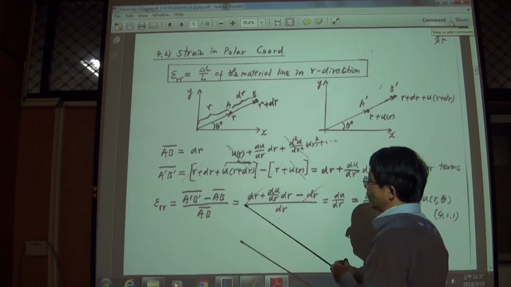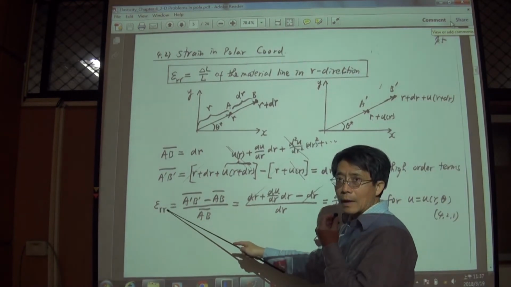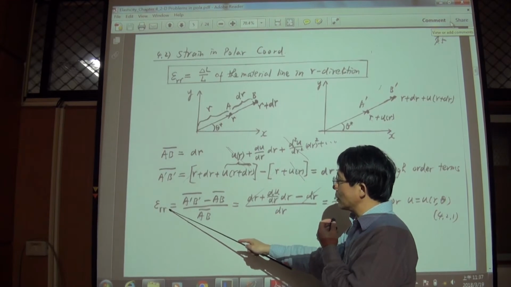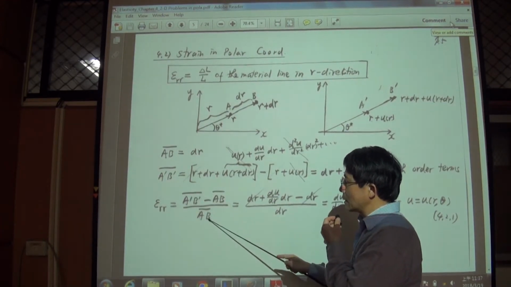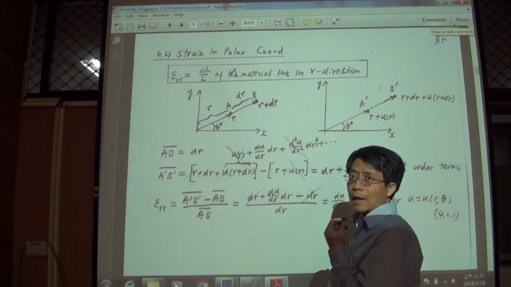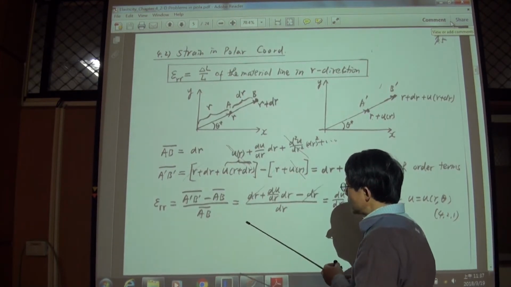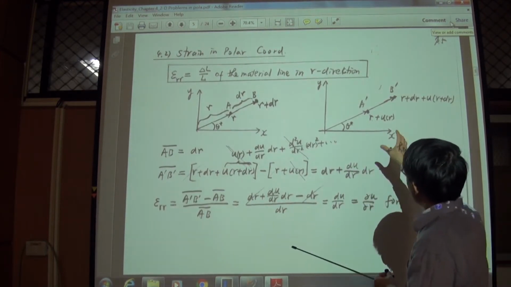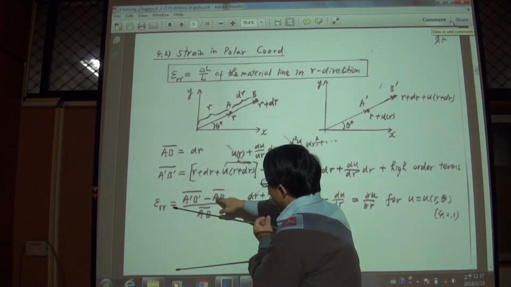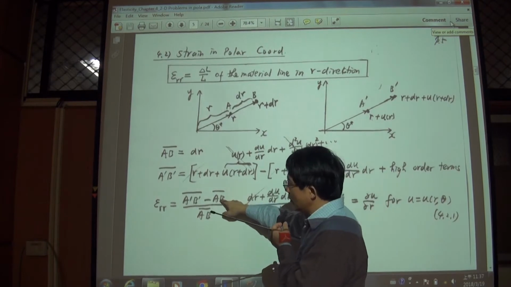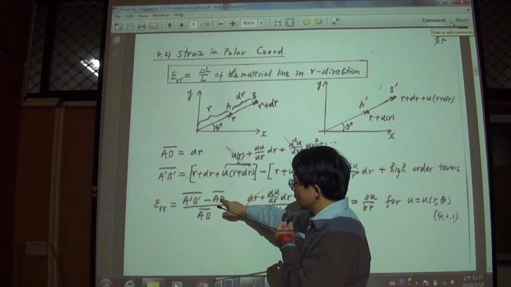Now, the normal strain in the r direction can be expressed as A prime B prime minus AB, divided by AB. A prime B prime is the length after the deformation, minus AB, the length before the deformation.